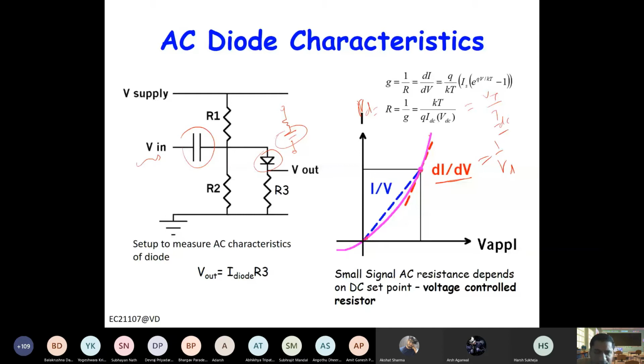So this kind of circuit you have used in your basic electronics, where in forward bias this diode is represented by a 0.7 voltage and a series resistance, and in reverse bias, because no current is flowing, it is usually represented by a capacitor, right?